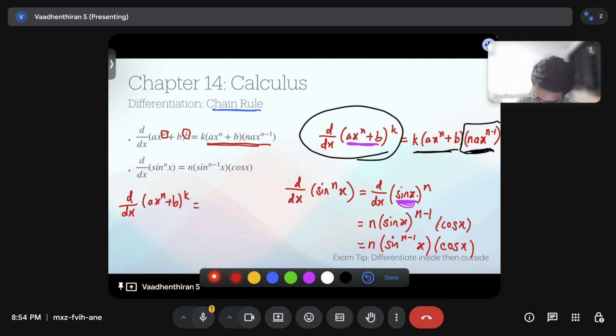So it's better to go from the inside to the outside. You do the inside first, n a x to the n minus 1, and then you take the outside, k times a x to the n plus b. So that's it. Hope you understood the chain rule.